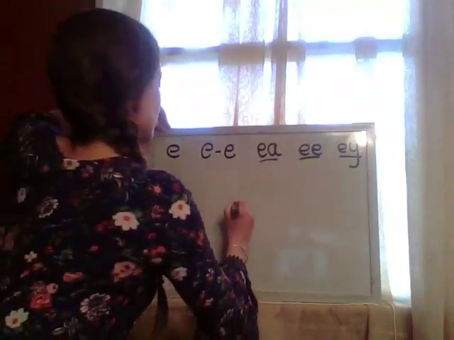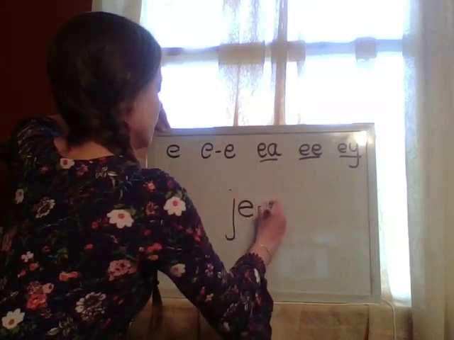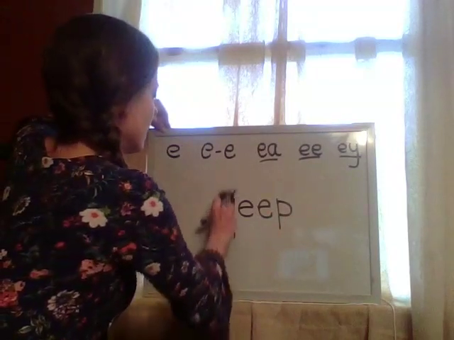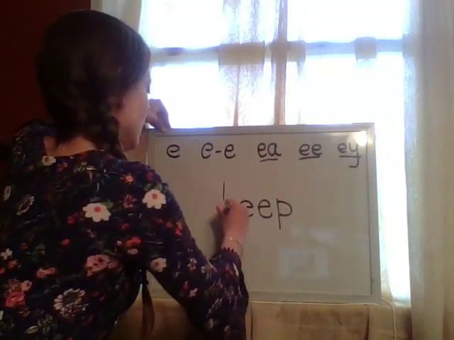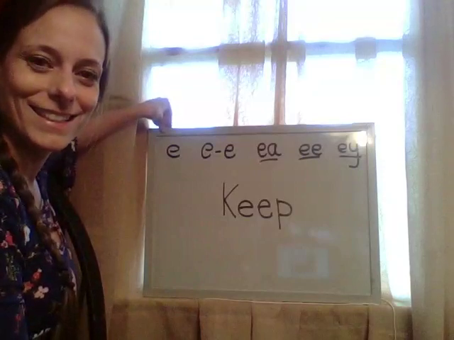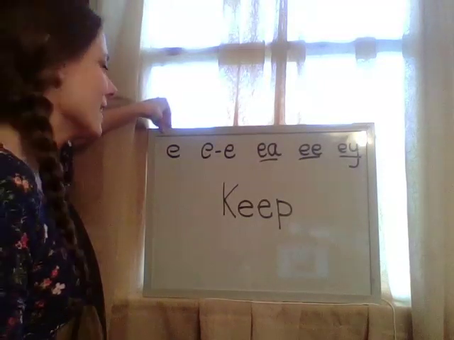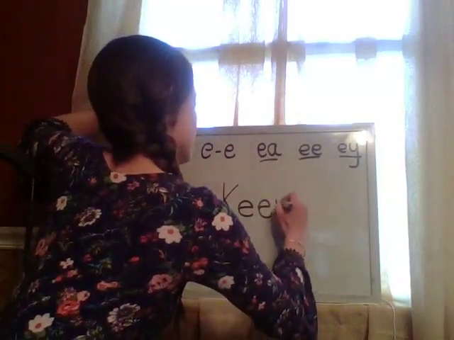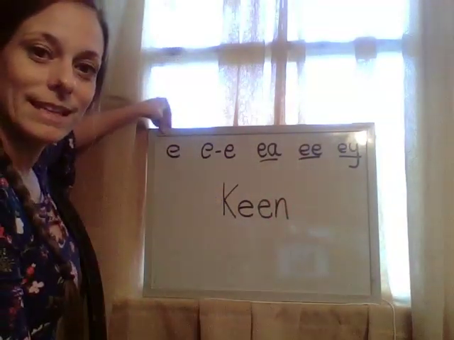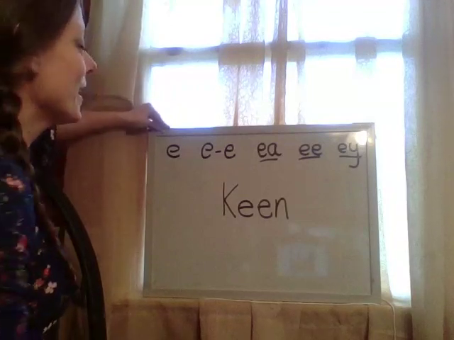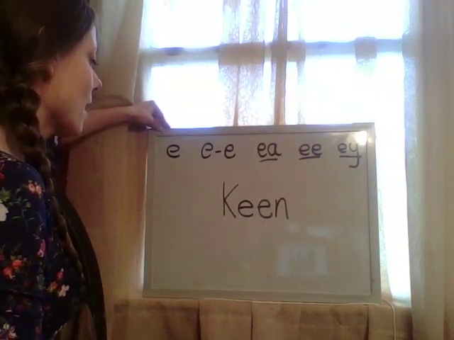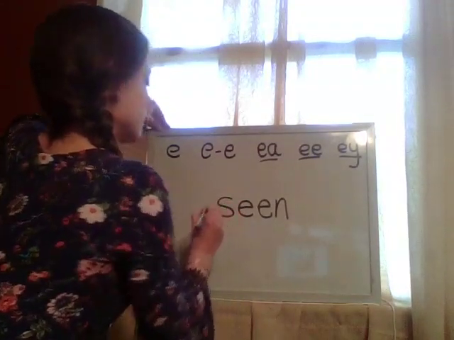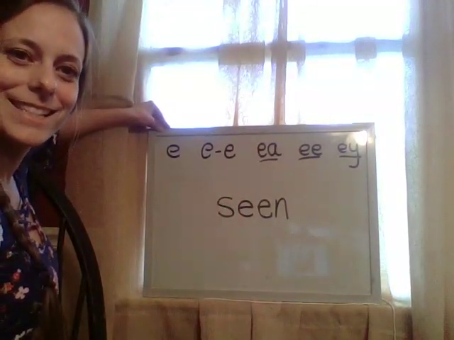Okay, so we'll start with our keyword again, Jeep. Okay, let's say I change the J to a K. What's our word? Keep. All right, let's say I change my P to an N. What's my word? Keen. Okay. How about I change my K to an S. What's my word?